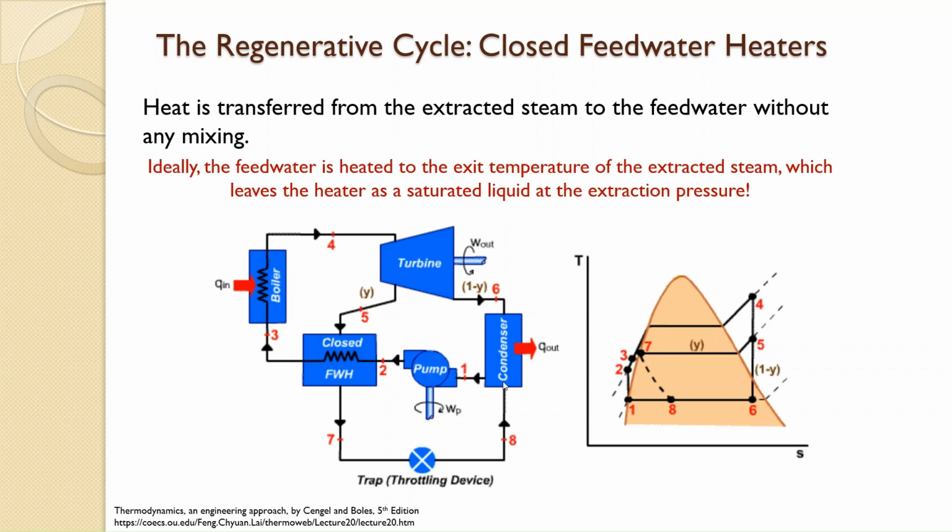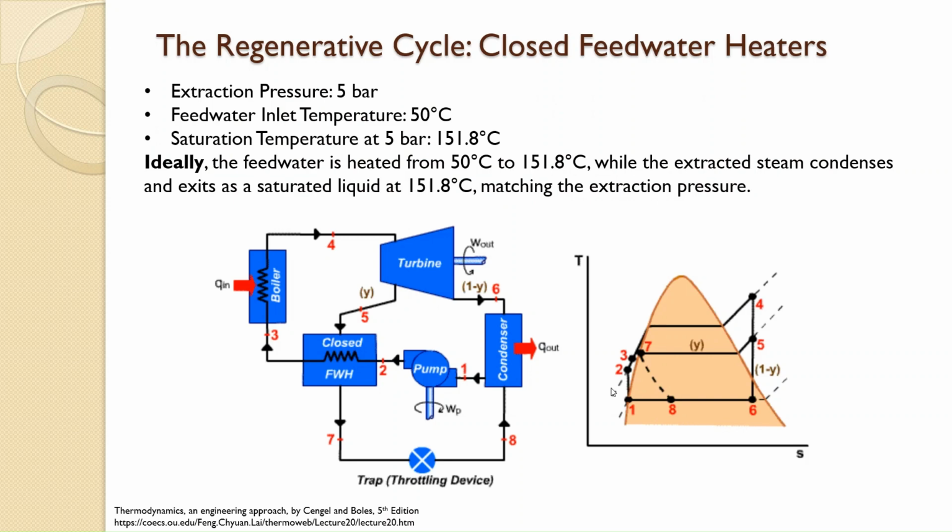As we previously mentioned, ideally the feed water is heated to the exit temperature of the extracted steam, which leaves the heater as a saturated liquid at the extraction pressure, which means that state 3 here is very close to a saturated liquid temperature.